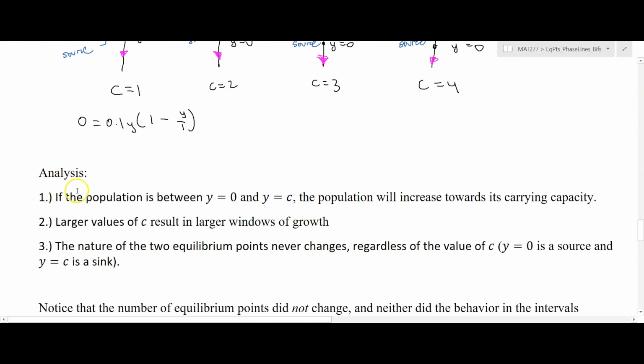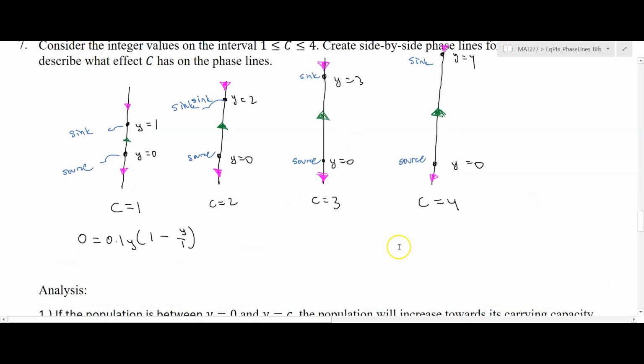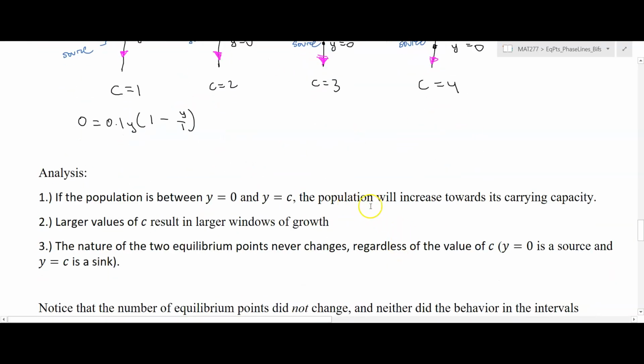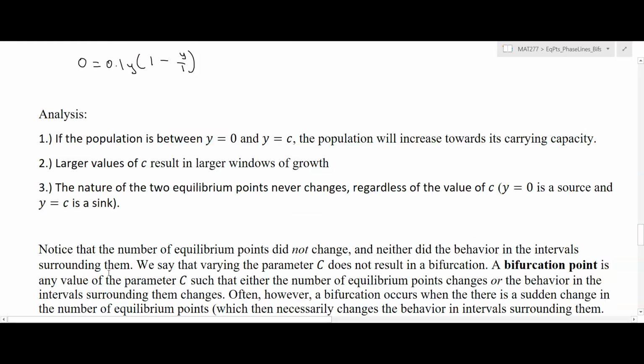So here's our analysis for the conclusions of it. If the population is between y equals 0 and y equals c, this analysis of drawing these 4 phase lines revealed that the population will increase towards its carrying capacity. The second thing we observed is that larger values of c result in larger windows of growth between y equals 0 and y equals c. And thirdly, the nature of the 2 equilibrium points never changes regardless of the value of c. Y equals 0 is a source and y equals c is a sink.